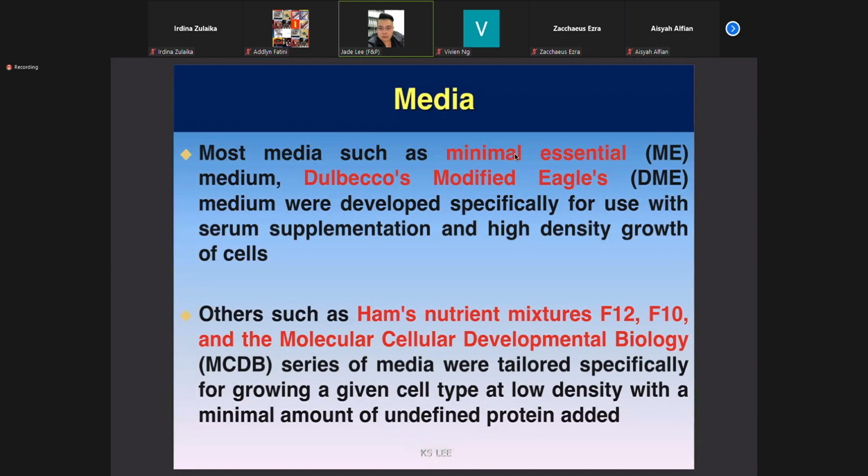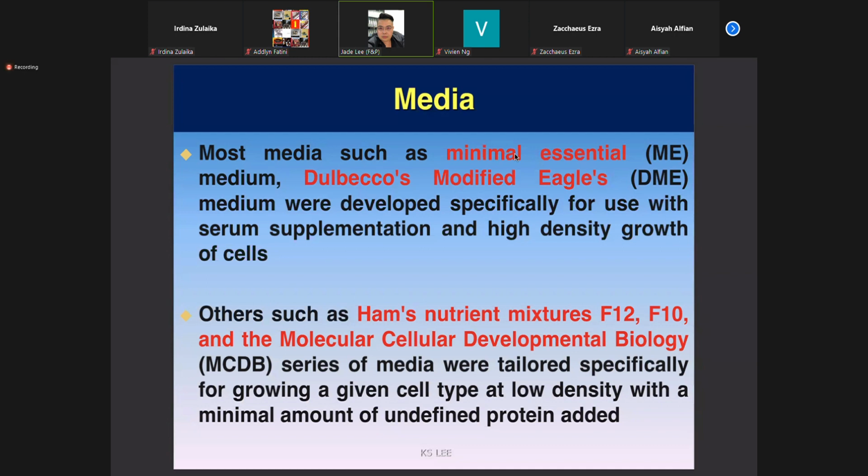Okay, and most media, such as the minimal essential, we call it MEM, or the Dulbecco's modified Eagle, the DMEM media, were developed specifically to use with serum supplementation and high density cell growth. Others such as Ham's nutrient mixtures F12, F10, and also the MCDB series of media were tailored specifically for growing given cell types at low density with a minimal amount of undefined protein added.